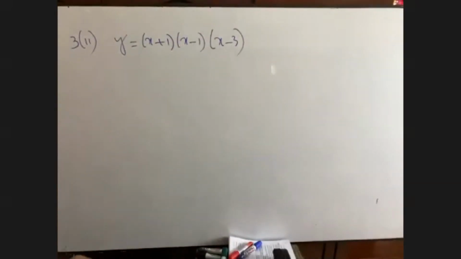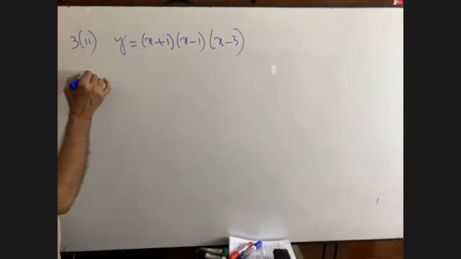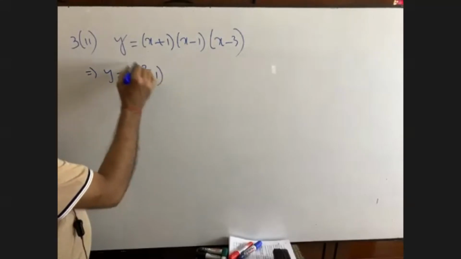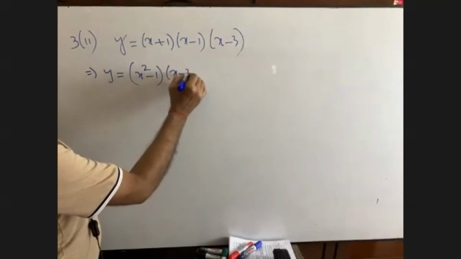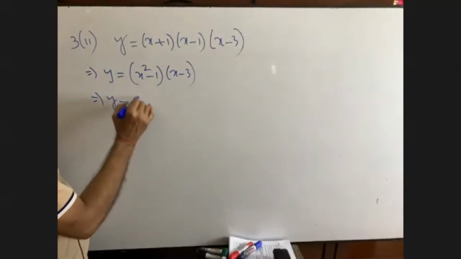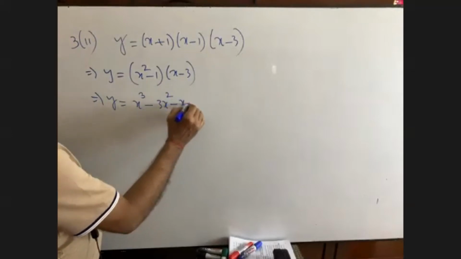Whatever it is, we always have to find dy by dx. So let's find dy by dx. y equals (x square minus 1)(x minus 3), or y equals x cube minus 3x square minus x plus 3.